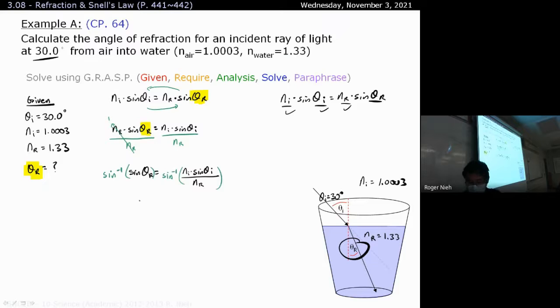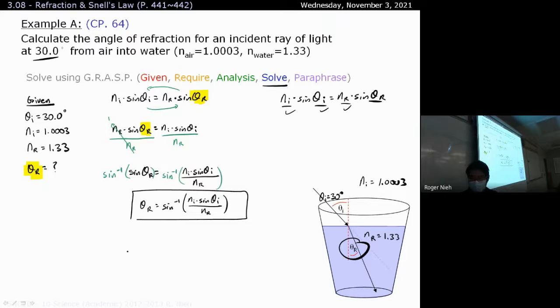So as our final statement of this formula completely rearranged, we have theta R is equal to sine to the -1 of Ni times sine theta I all over N subscript R. If you're comfortable with just rearranging this right from the beginning, that's fine with me. I'm just showing you one more time how I came about rearranging it. This is part of your analysis. Your analysis is the formula.